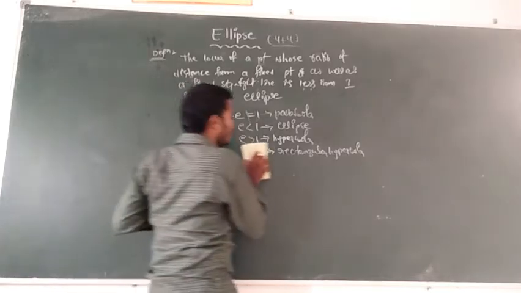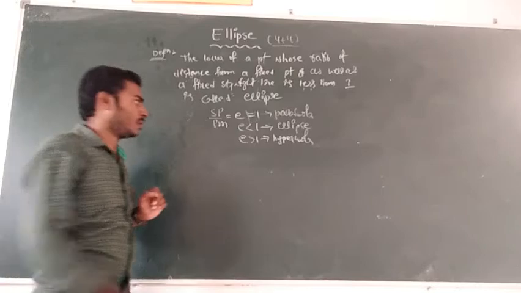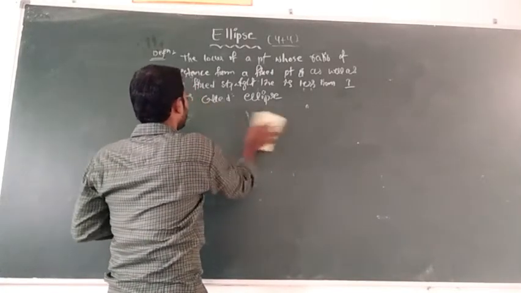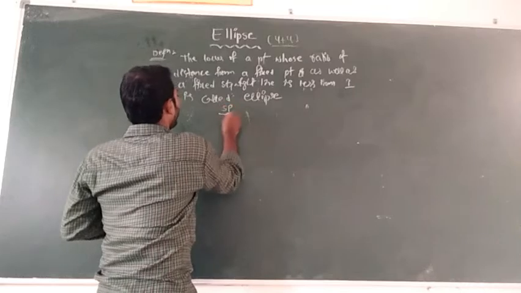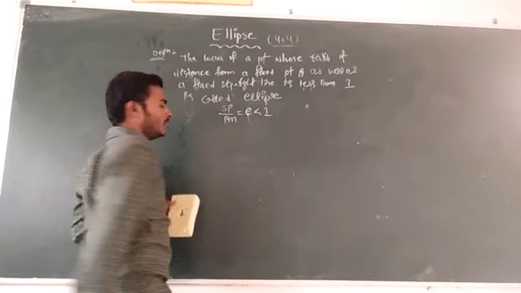In our syllabus we don't have rectangular hyperbola, only E greater than 1 hyperbola. Today we discuss only E less than 1, an ellipse. So SP by PM equals E, where E is less than 1.